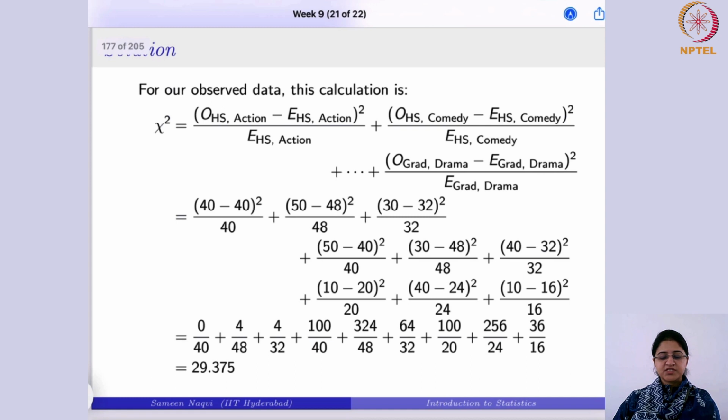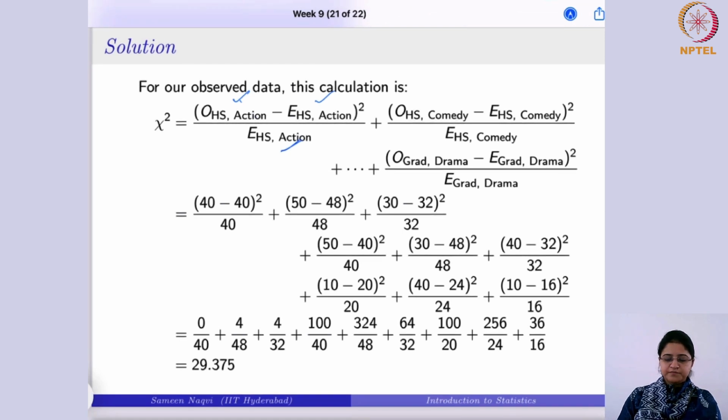So the chi-square test statistic will be what? The first observed one for the particular cell that corresponds to high school and action. Its corresponding observed frequency, you will subtract from that your expected frequency, take the whole square of that, and you divide by the corresponding E, because it is Oi minus Ei whole square divided by Ei, and you sum up for all the cells.